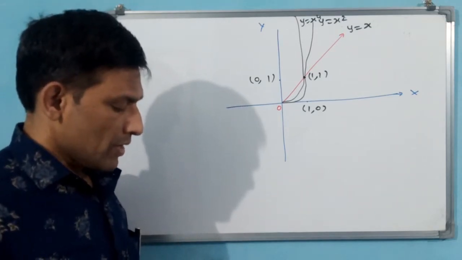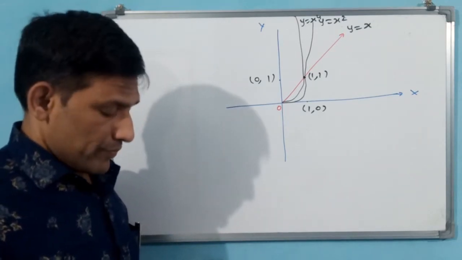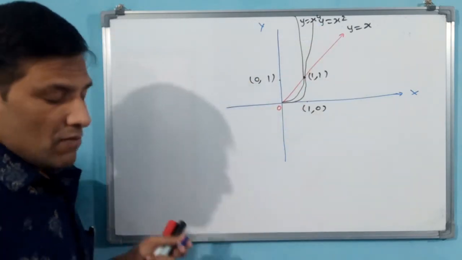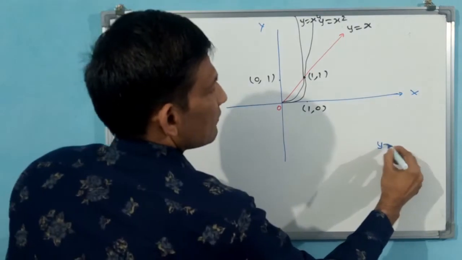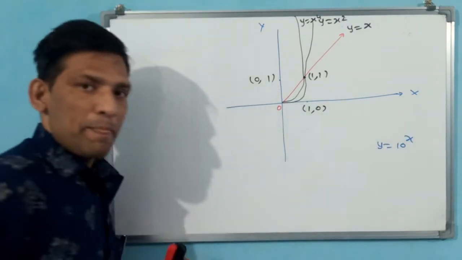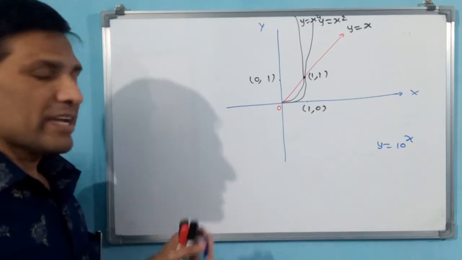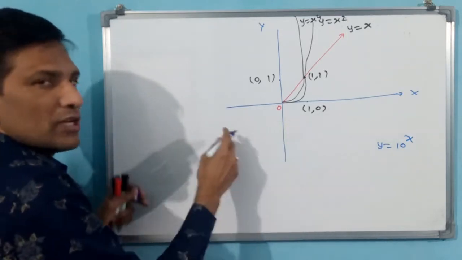Okay, see, another function I want to draw rather than this. What is this function? y is equal to 10 power x. Base I have kept standardized, and I have taken 10. Okay, you see how this graph will come.